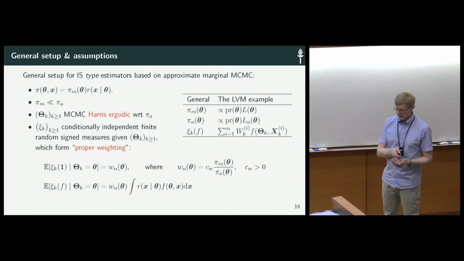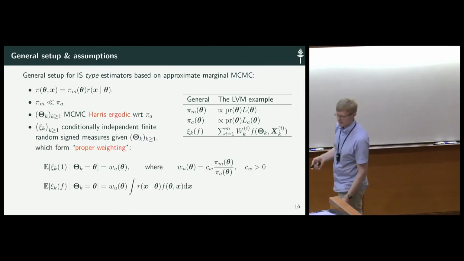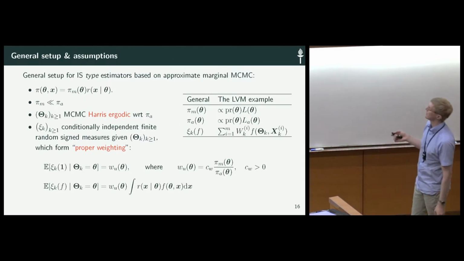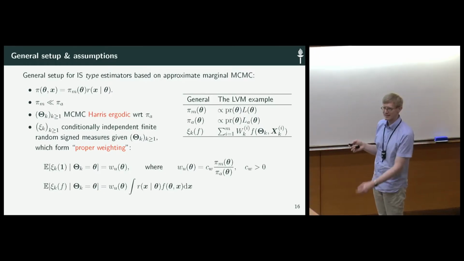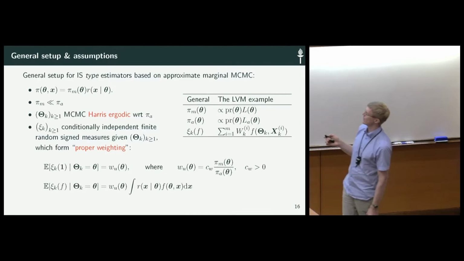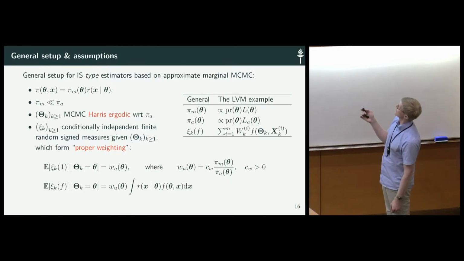Then you do conditionally independent randomization and generate some random variables. If you lean more towards probability, you might think of this as a random signed measure, but it's usually just shorthand for a weighted sum like that.